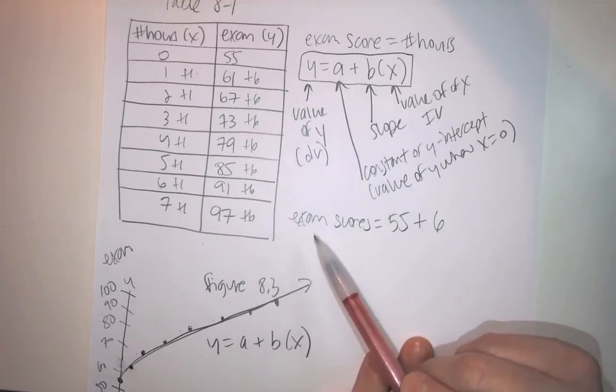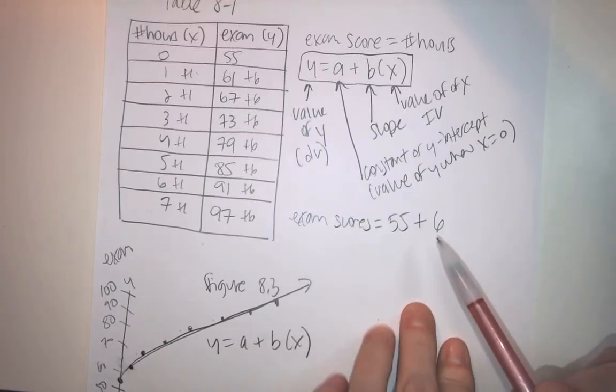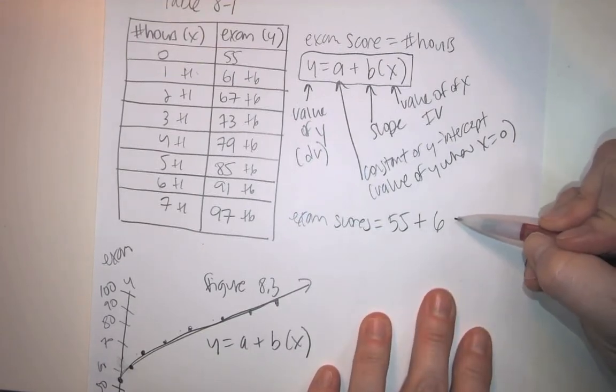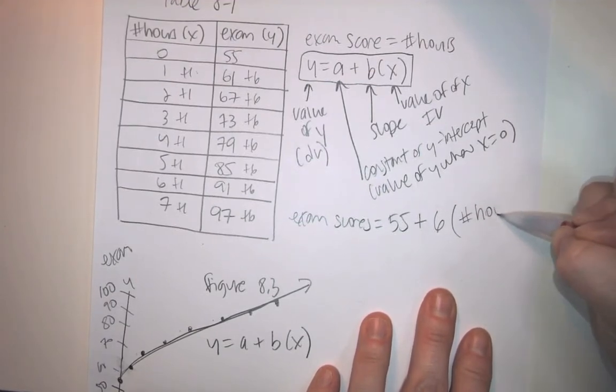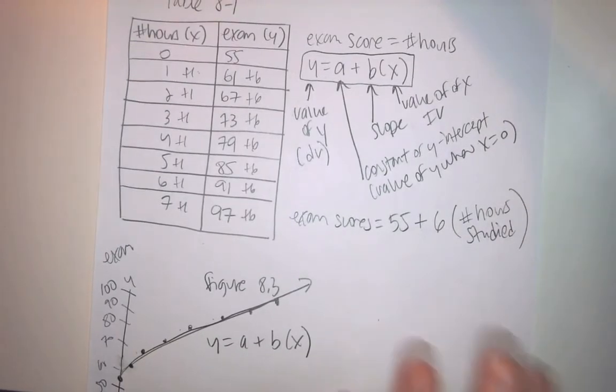So our regression equation is exam scores, or Y, equals 55, that's our constant or y-intercept, plus 6 times the number of hours studied. Now I can use this to predict what somebody's exam score might be if they studied a particular number of hours.